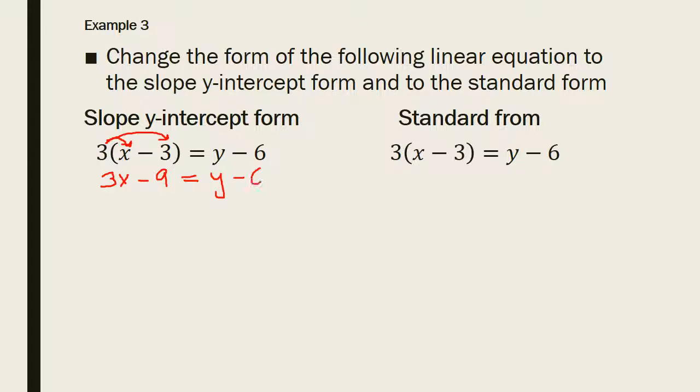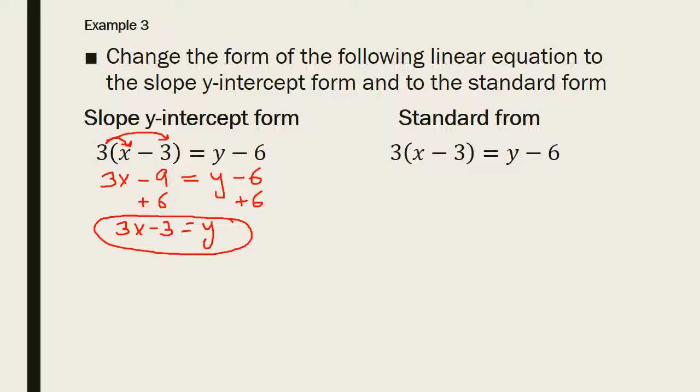Now I know that I need to isolate the y. That's why I'm going to add 6 to both sides. And when I do that, I end up with 3x minus 3 equals y. And this is the slope-intercept form for this linear equation.